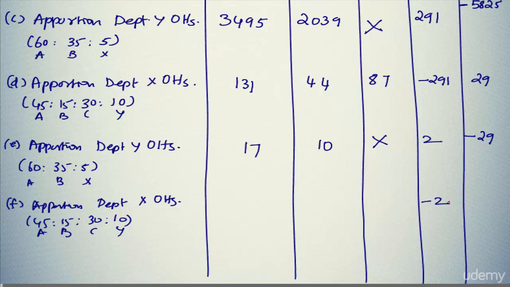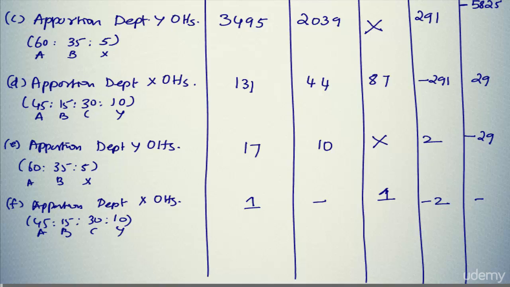If you apportion this now, you will get very low value numbers. Probably department A will get 1, department B will not get anything because of the lower value, department C would get 1, and department Y will not get anything. So with this stage, all the expenses of department Y are closed and department X is also closed.